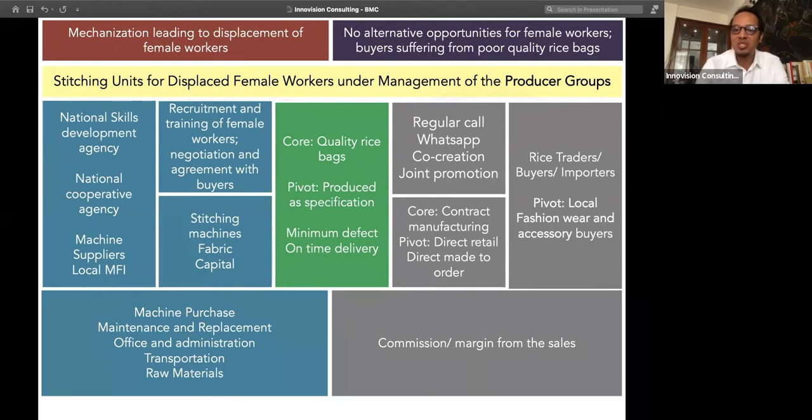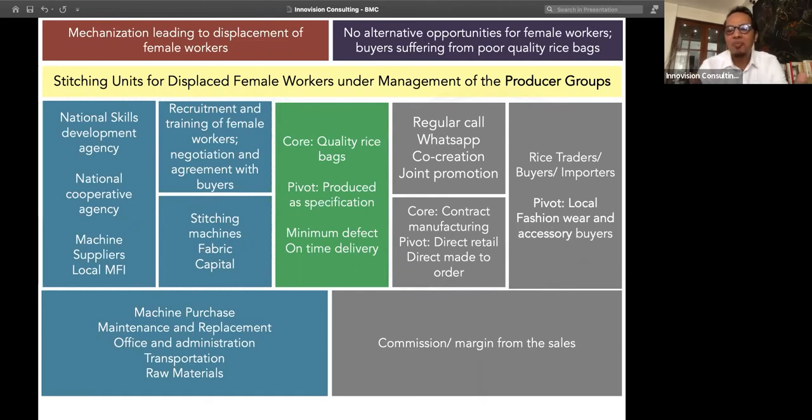And the same stitching units and the same female workers can be used to supply a new value chain. The value proposition there was produced as per specification, minimum defect, and on-time delivery, which also connects to the value proposition they can offer to the rice traders, buyers, and importers. So essentially, it's the same value proposition, but for two different types of institutional buyers.